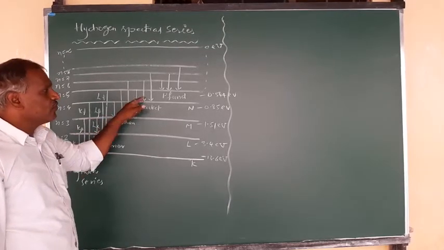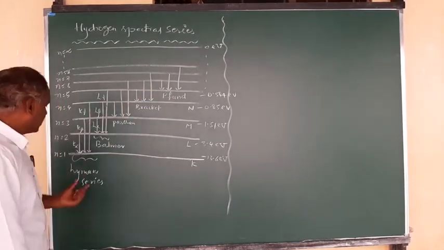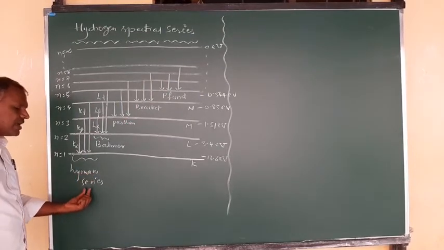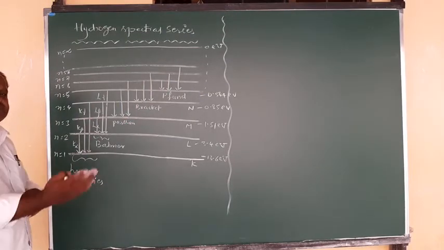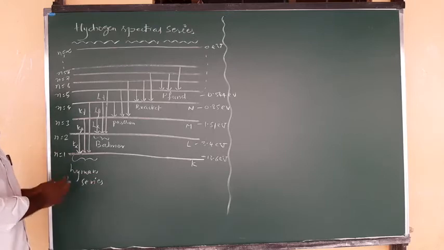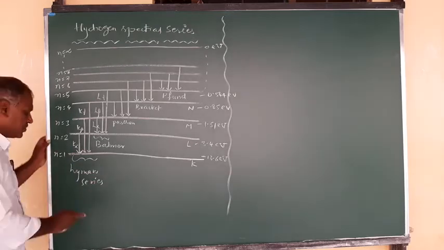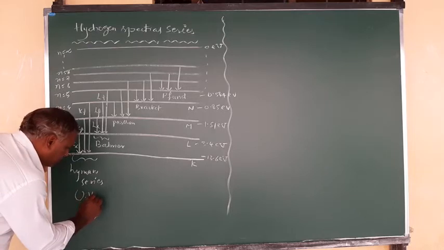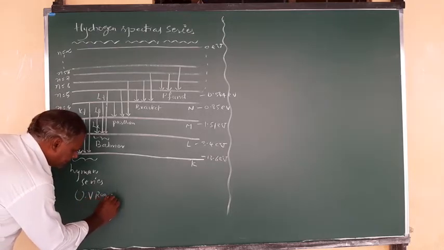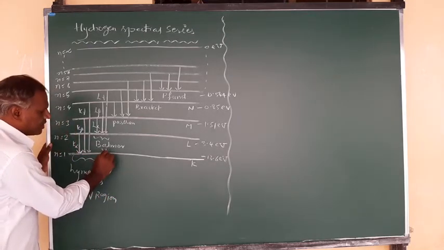This is n is equal to 4, this is n is equal to 5. The wavelengths which come under the Lyman series, the minimum and maximum wavelength, come under the UV region. The Balmer series will come under the visible region.